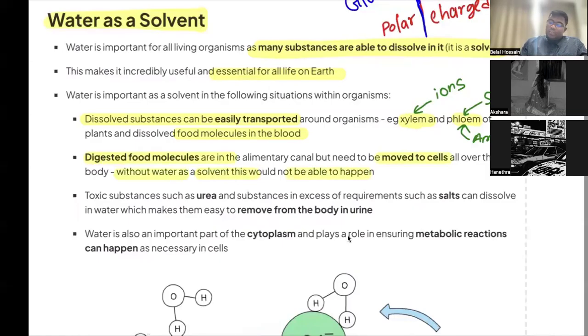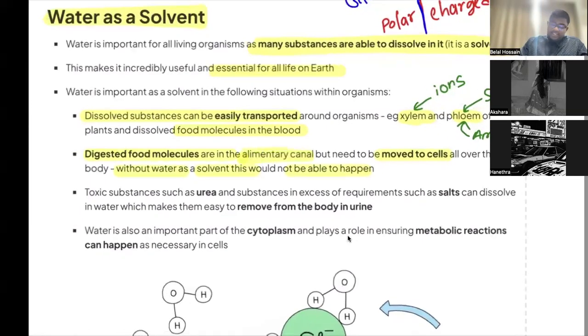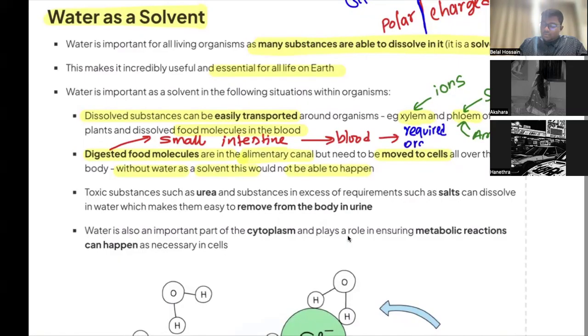So digested food molecules we get in the alimentary canal, which means the small intestine, will be carried from the small intestine in blood to required organs or cells or tissues, wherever it is required. And that will also happen because water is acting as a solvent.